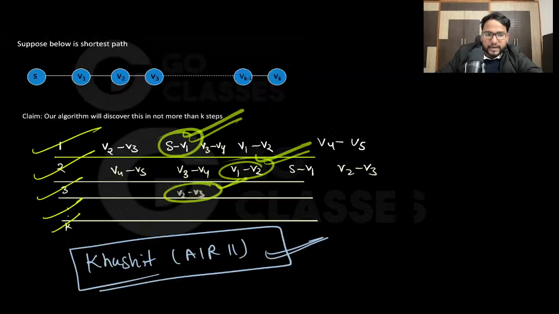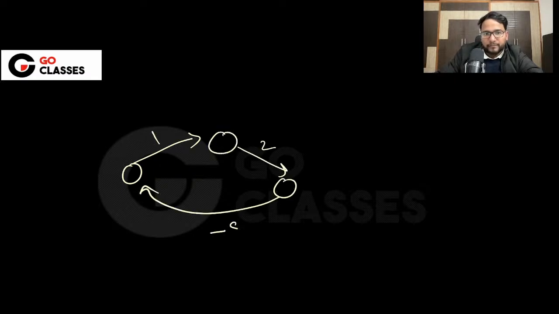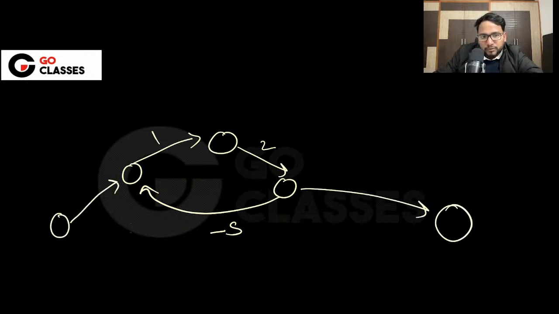See, let's suppose this is a negative cycle. This is 1, this is, let's suppose, 2, and then this is -5. Let's suppose this is S, the source, and this is your destination.